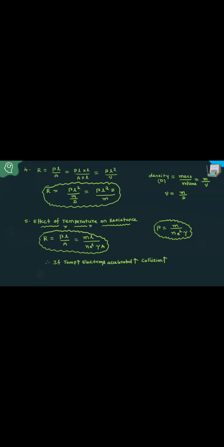Collision increases. If the collision increases, what happens to the conductivity? Decreases. If the conductivity decreases, what about the resistivity? Increases. What about the resistance? Resistance increases. That means if temperature is increasing, the resistance also increases.